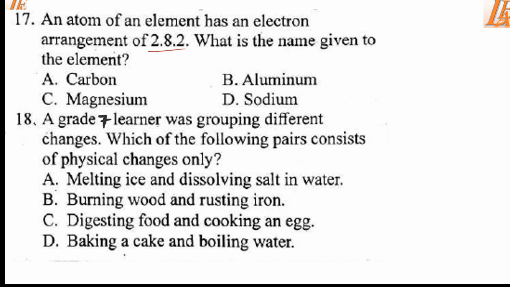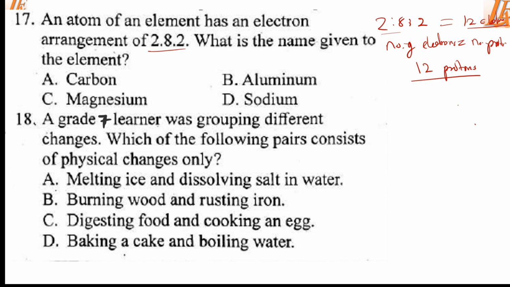So in this case, this electron arrangement, that is 2, 8, 2, means this atom has 12 electrons. And since the number of electrons is equal to the number of protons, therefore this element has 12 protons.